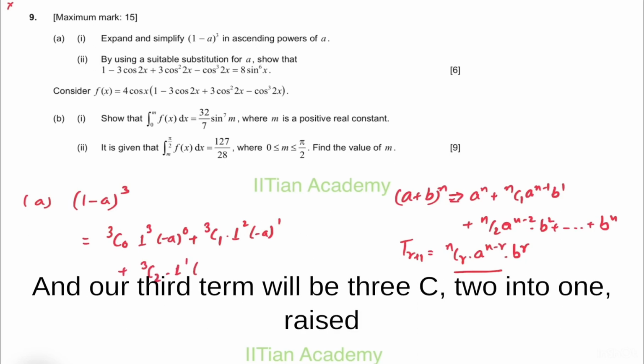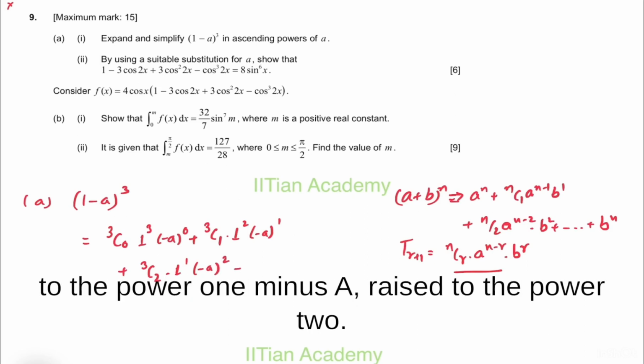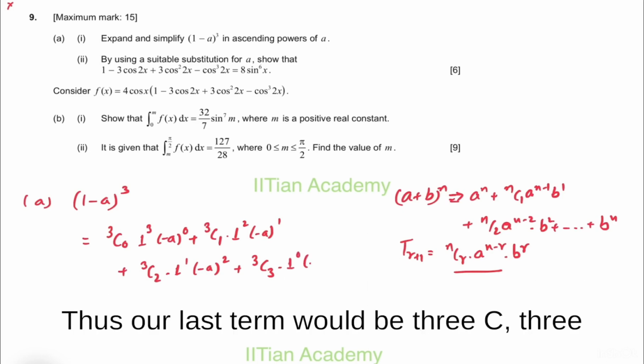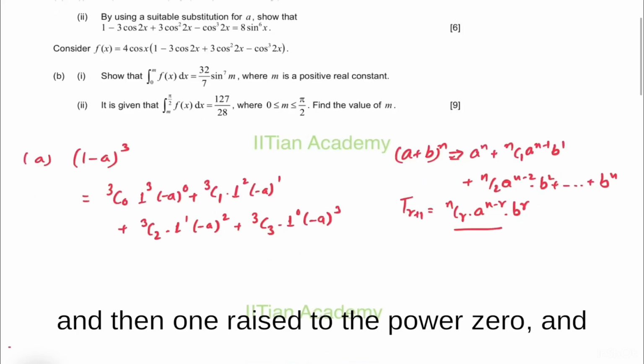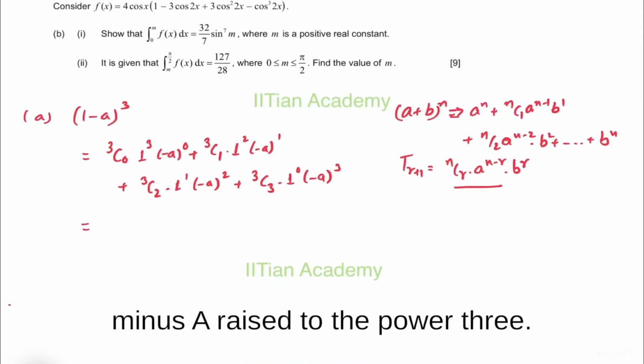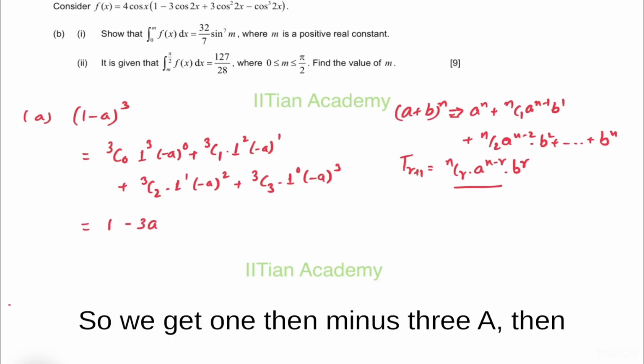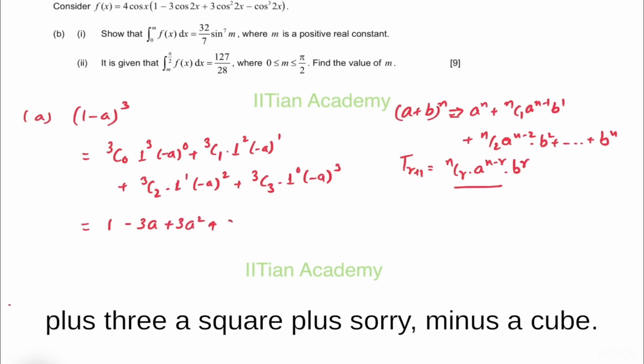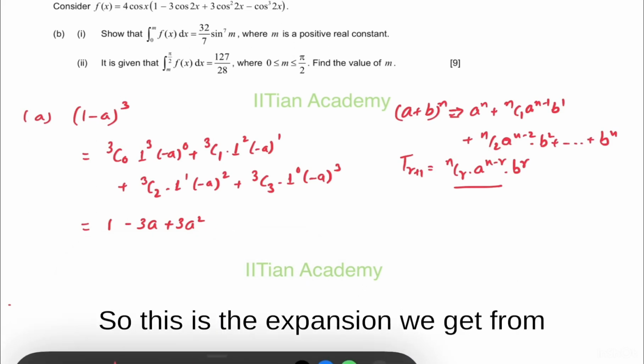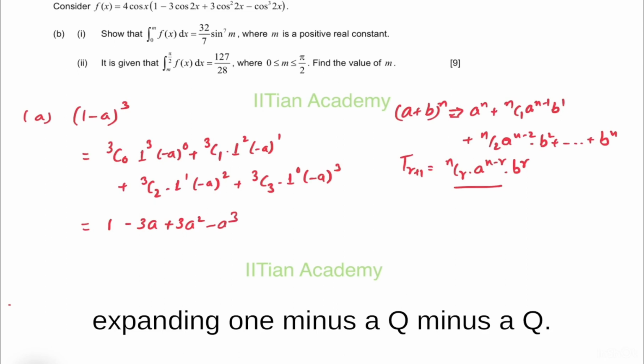Our third term will be 3C2 into 1^1 and (-a)^2, plus our last term would be 3C3 into 1^0 and (-a)^3. So 3C0 is 1, so we get 1 minus 3a plus 3a^2 minus a^3.